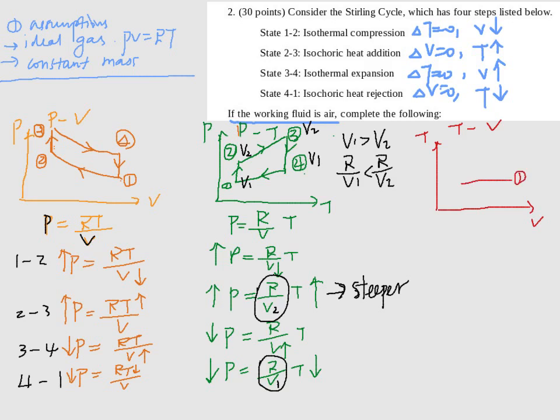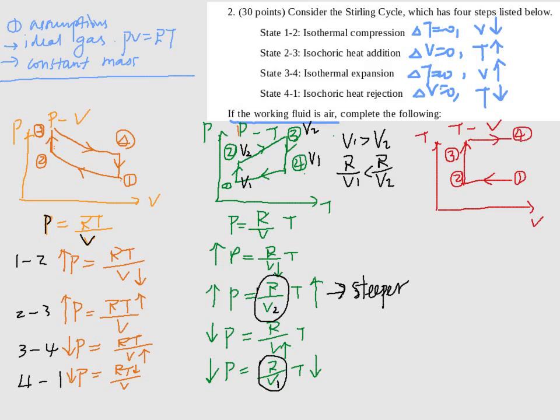So this is state 1, state 2, going from right to left because the volume is decreasing. And now, since the temperature is increasing and volume doesn't change, a vertical line going up. So this is 3. And from 3 to 4, temperature doesn't change. So it's a horizontal line. Volume is increasing, so it's going to go from the left to the right. So something like this. So this is going to be 4.